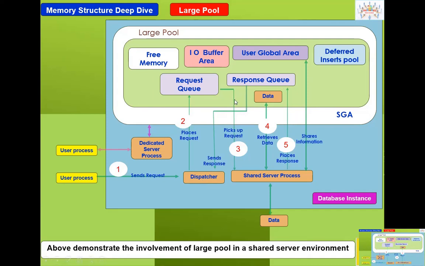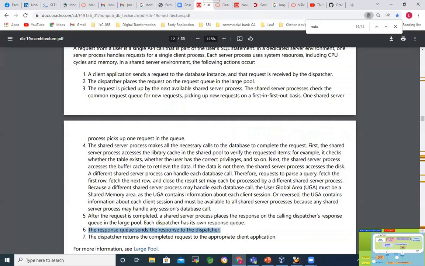Then step number 6 is sending the response. If you go here, you can see number 6: the response queue sends the response to the dispatcher. So the response queue will be sending it to the dispatcher. Then finally, the dispatcher returns the completed request to the appropriate client application.